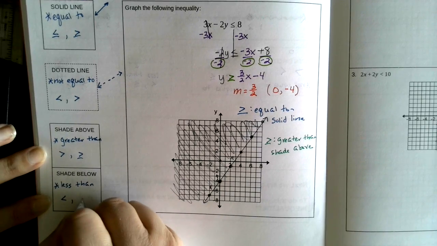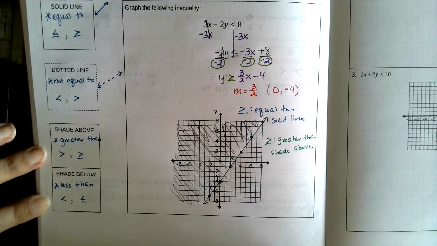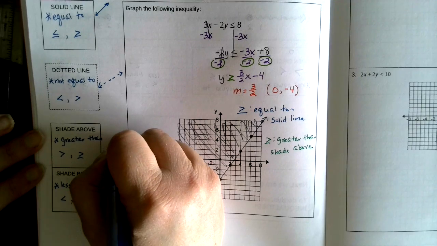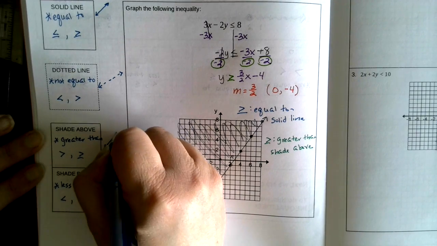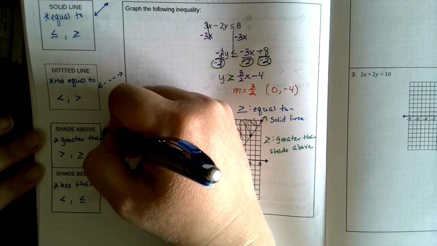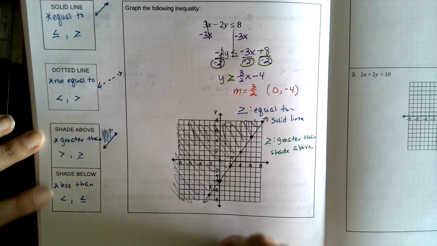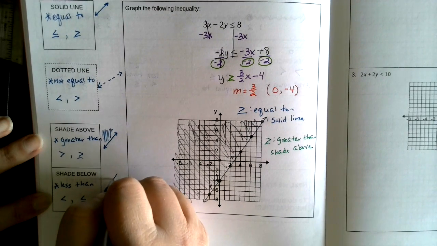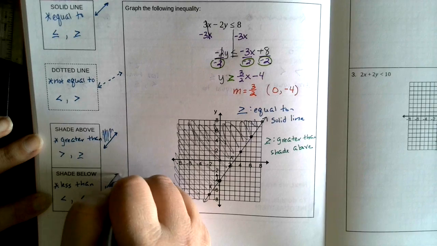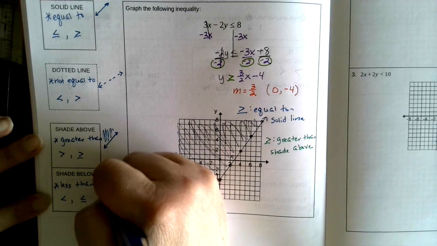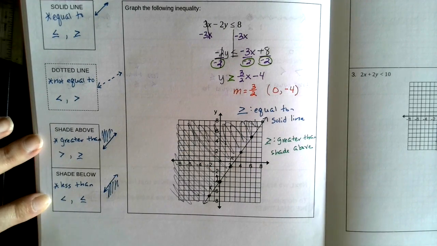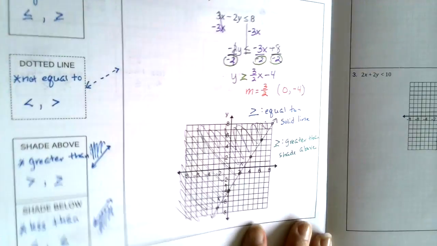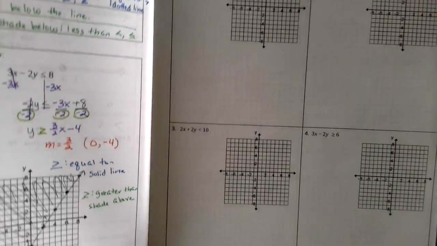So it could mean a less than symbol or a less than or equal to symbol. All right, if we shade above, let's say our line was here, shading above would mean going above the line. And then shading below, let's say our line was here, that would mean anything below that line would be a solution.